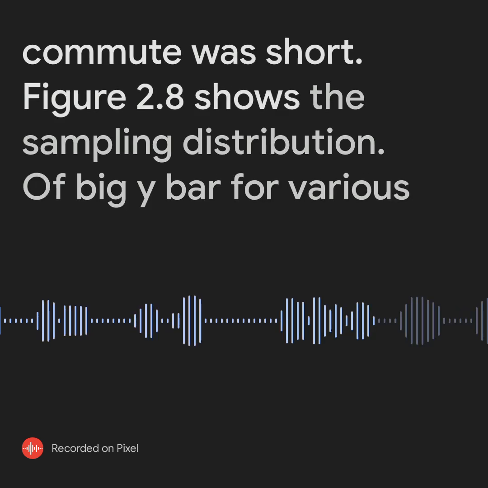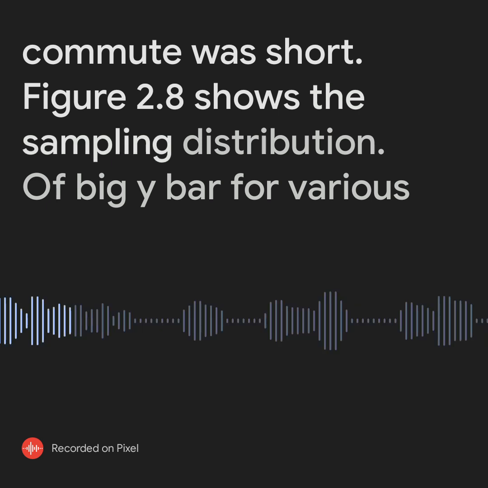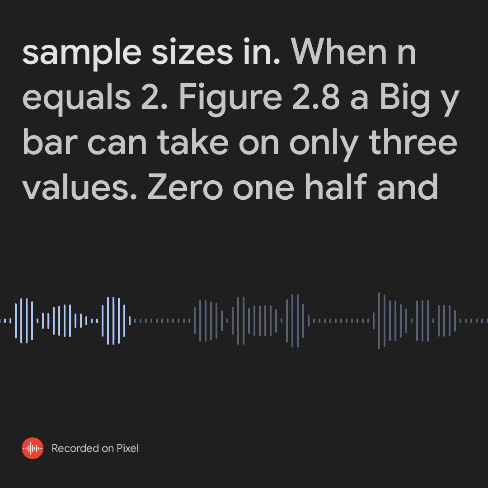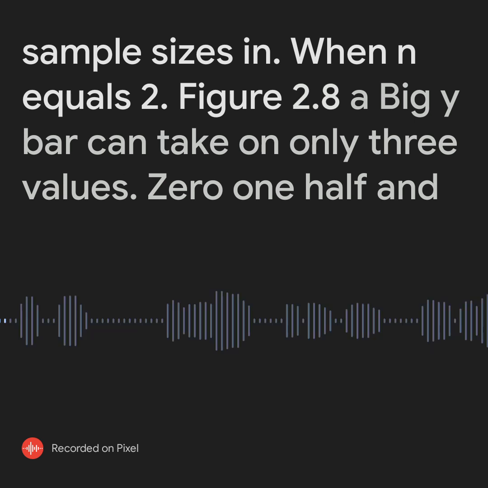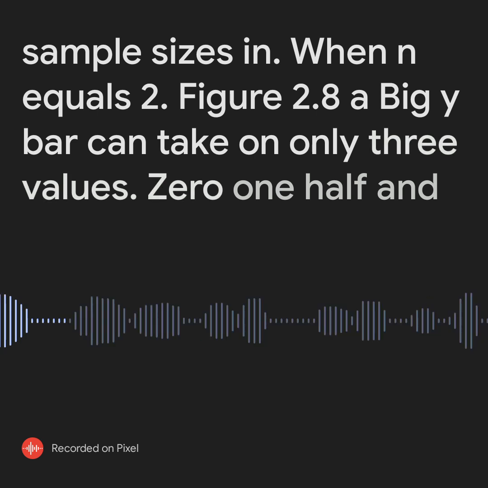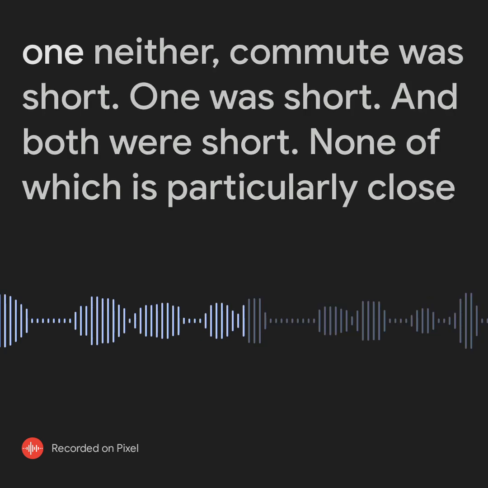Figure 2.8 shows the sampling distribution of Ȳ for various sample sizes n. When n equals 2, figure 2.8a, Ȳ can take on only three values: 0, 1/2, and 1.